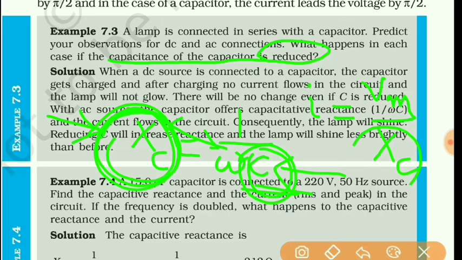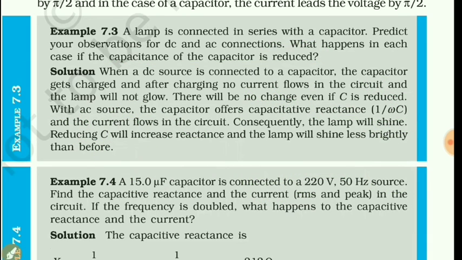So this increases, current will reduce, and when the current reduces, the bulb will glow less, or it will shine less than the earlier case. So here it is written that. So students, I hope you understood this.